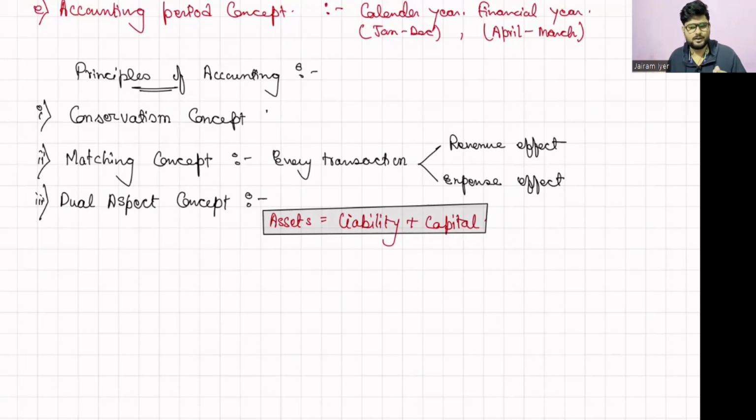So dual aspect concept is mainly regarding the flow of funds as told by Sanjana, from where the cash is flowing and where it is going. So is my assets equal to liability plus capital? If it is, then yes, the funds have been managed well. If not, then there might be some situations where misdeeds have been done in the company.